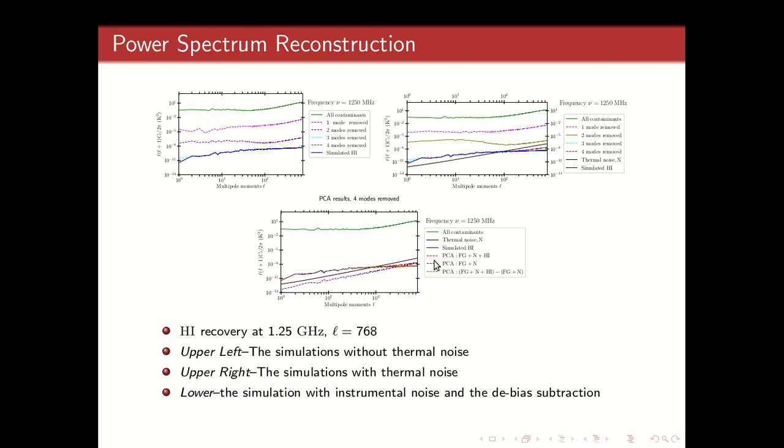We try to debias the recovery of the neutral hydrogen signal by taking the foreground map plus noise plus neutral hydrogen signal, applying PCA, and then subtracting the foreground map and the noise map after applying PCA as well. After doing that, we almost recover the neutral hydrogen power spectra perfectly.